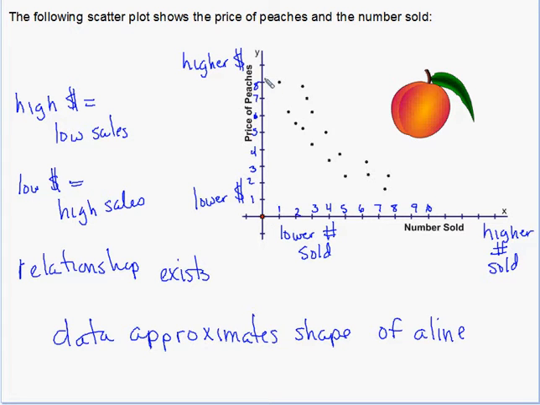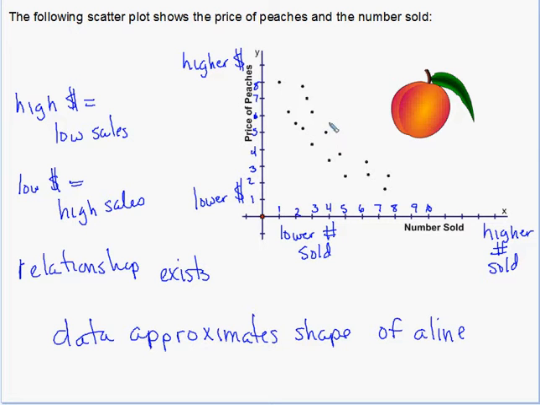When the price is high, up here at $8, not a lot is being sold. But when the price is low, over here at $1.50, then more of it's being sold. Does that make sense? Because it's cheaper. If you went to the grocery store and saw peaches at $8 a pound, you're not going to buy them.